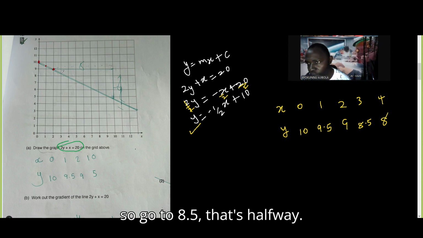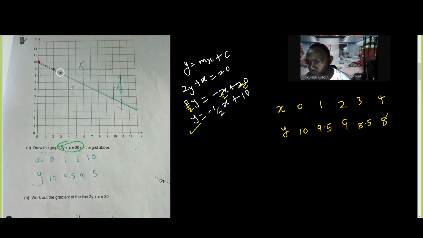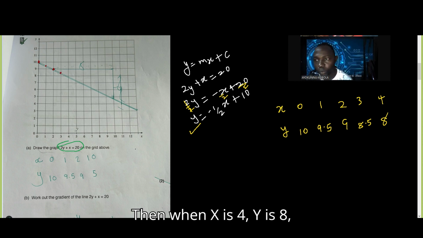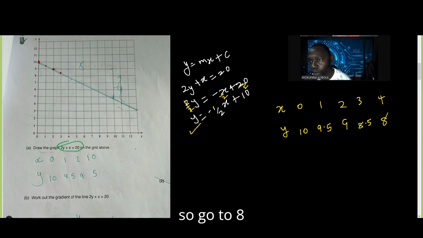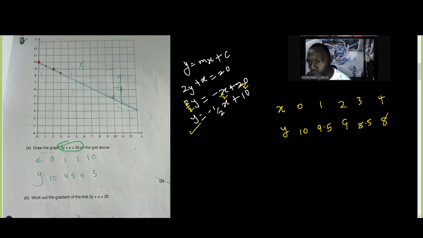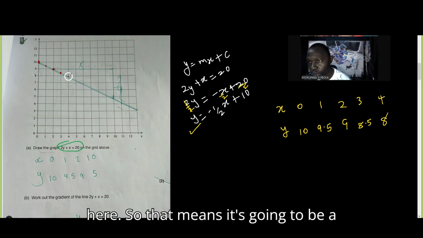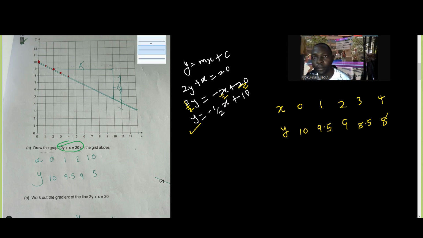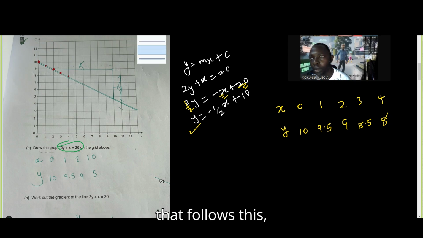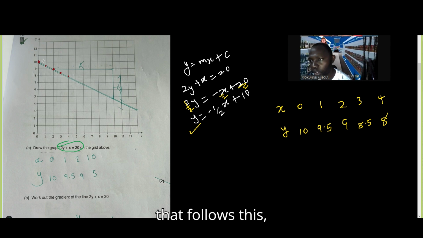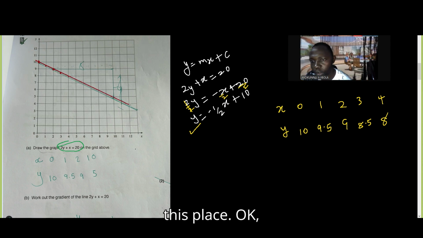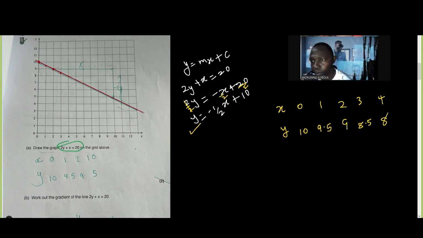So go to 8.5, that's halfway. Then when x is 4, y is 8. So go to 8 here. So that means it's going to be a straight line that follows this place, okay? Yes. So it'll be a straight line.